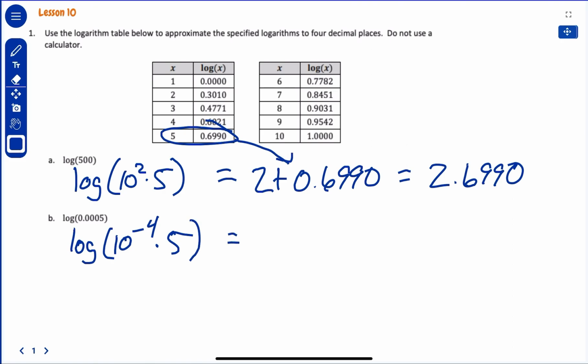Now, what is log 10 to the -4th? What power of 10 do you get 10 to the -4th? -4, right? That's how you would get that. That would be -4 plus, and then we just plug this in again.